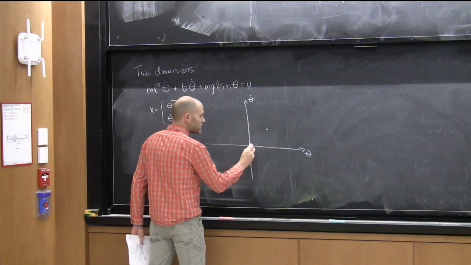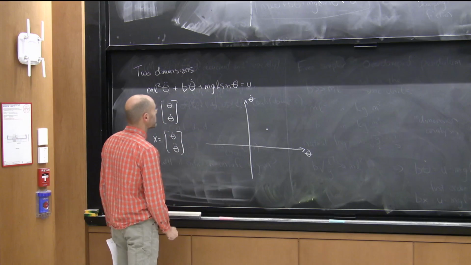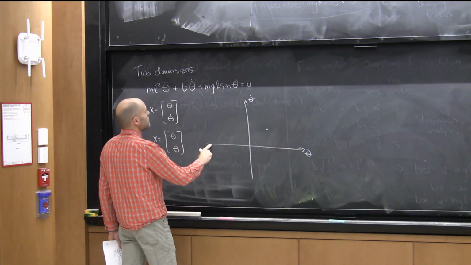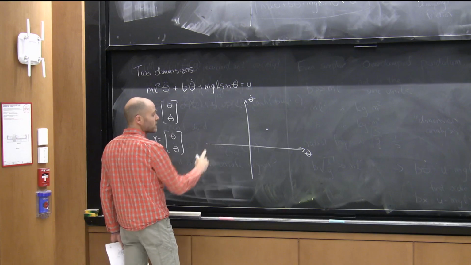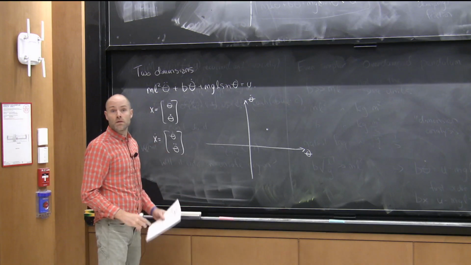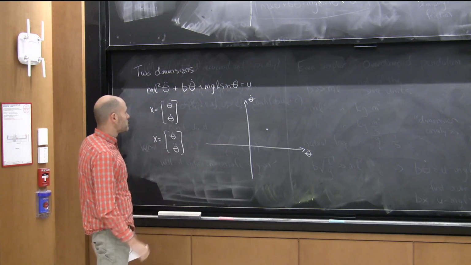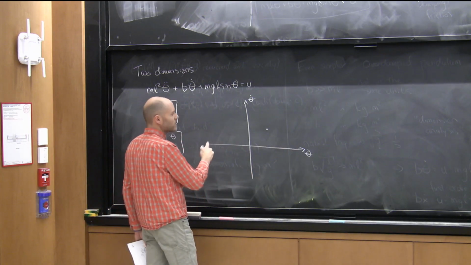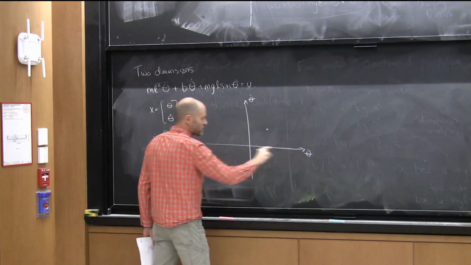And if I do that for the pendulum, I can start looking at easy cases. What happens if theta equals 0? I'm sorry, I pointed to theta dot equals 0 and I said theta equals 0. Let's do when theta dot equals 0 and look along this axis.